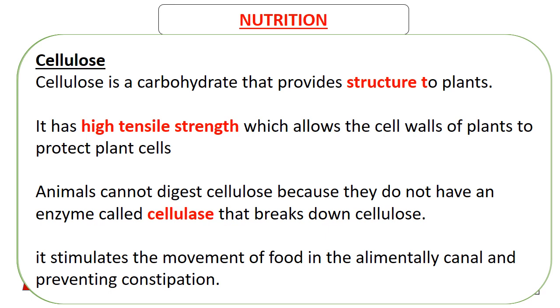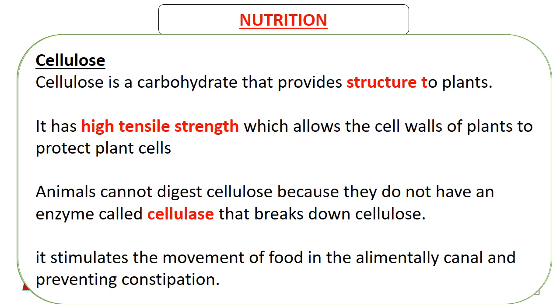When you eat something that has cellulose, it's going to make sure that the movement of the food from your mouth till it reaches wherever it's supposed to go is smooth enough, and of course you won't be constipated. So that's the benefit of eating food that has cellulose.